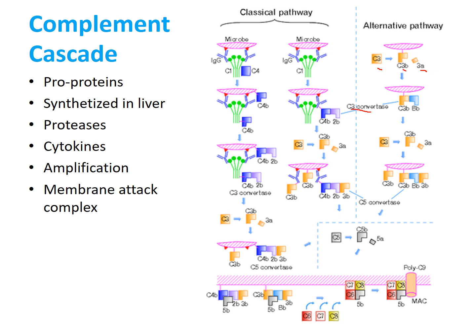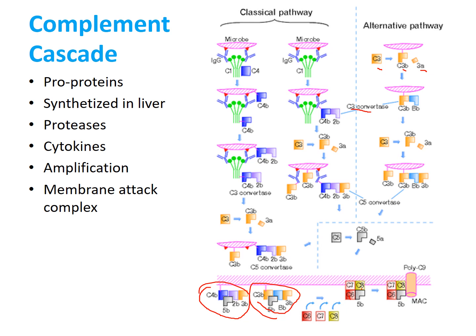And once you get C5 bound, and it can be bound to either the C4 or the C3, you see it's bound here as well, 6, 7, and 8 are going to join the process. That actually is the beginning of your membrane attack complex.